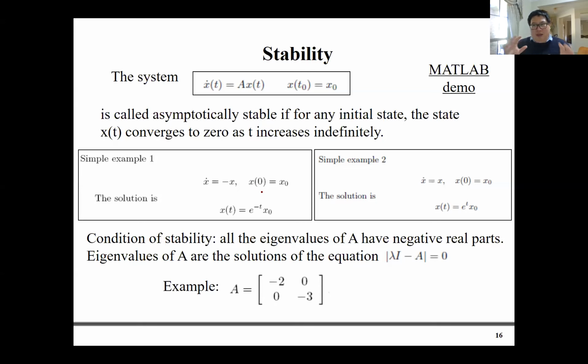If a control system is stable, that means for any initial state, the state x will converge to 0 when the time increases. So the state will change during time and converge to 0. That is called stable.